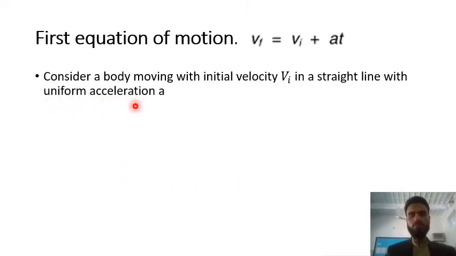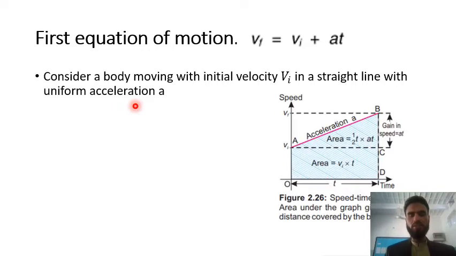So both these assumptions should be considered in each and every equation of motion. Since we are using the graphical method, using these assumptions and this condition, we can plot the graph for the body moving with uniform acceleration.